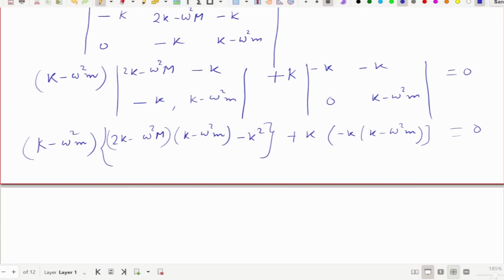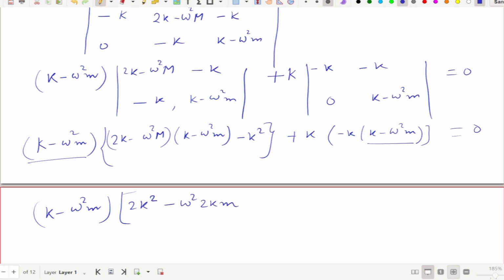Okay. So, now if we simplify by taking this common to all terms, so k minus omega square M, and this if we write 2 k square minus omega square 2 k M, minus omega square M k, plus omega to the power 4 small m capital M, and that is with plus sign, then minus k square, and if I take this common, then it will be minus k square equal to 0.